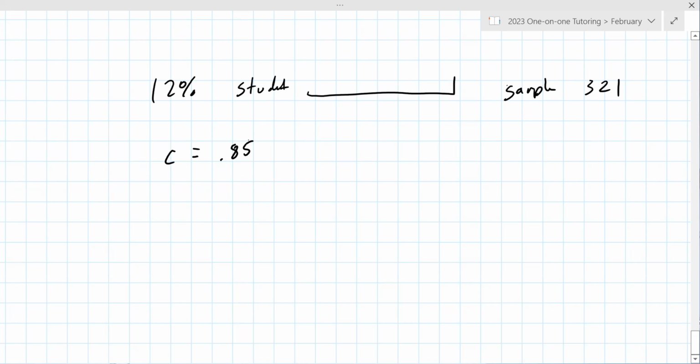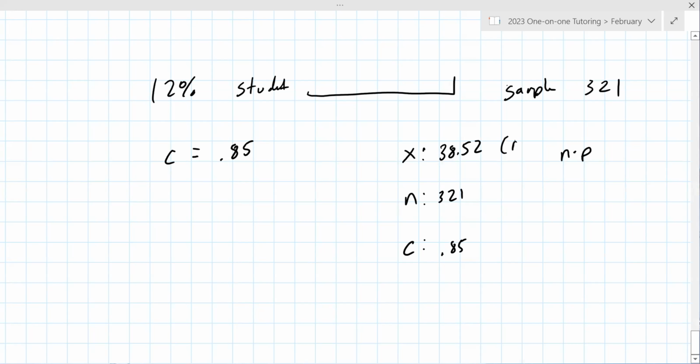Okay. So the issue with this problem, because you'd really like to go to the proportion, right? You'd like to say, okay, 0.85 for C, N is 321, but X is N times P. And I'm pretty sure 321 times 12% does not give you a whole number. In fact, it gives you 38.52.